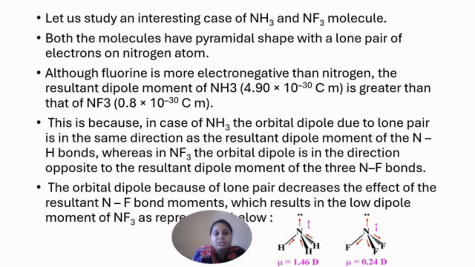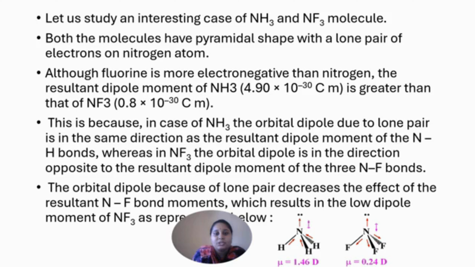The next topic is valence shell electron pair repulsion theory. Sidgwick and Powell in 1940 proposed a simple theory based on the repulsive interactions of the electron pairs in the valence shell of the atom. What are the main postulates of the VSEPR theory? The shape of a molecule depends upon the number of valence electron pairs around the central atom.